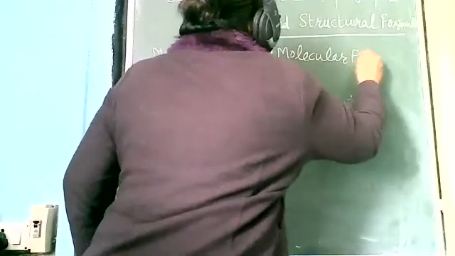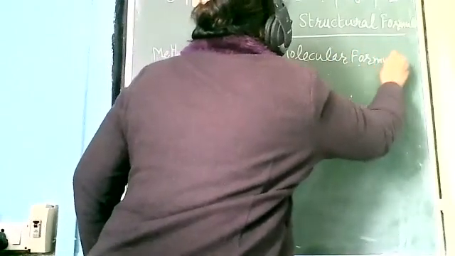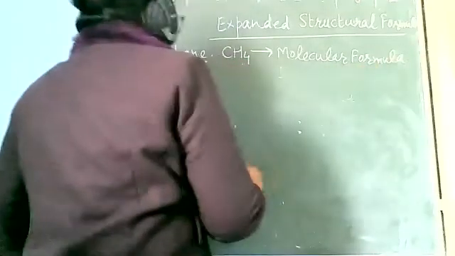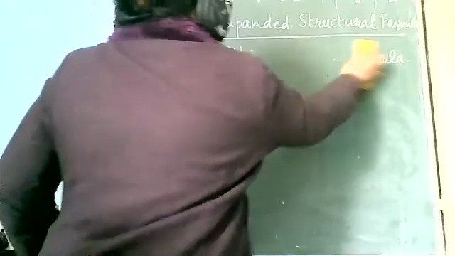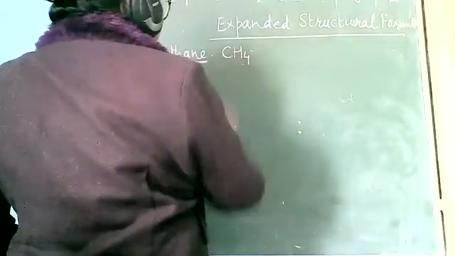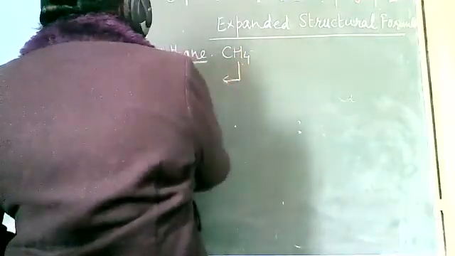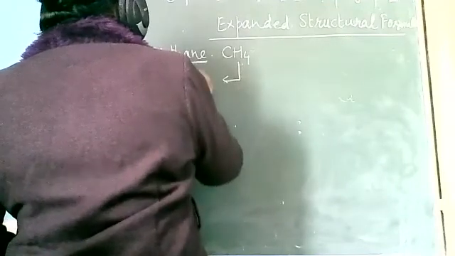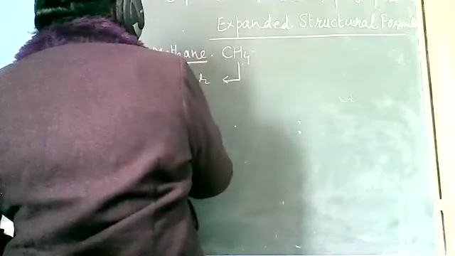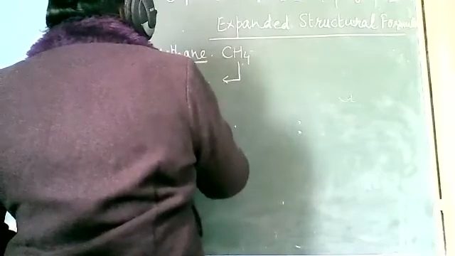This is known as molecular formula. And if I ask you to write down the expanded structural formula, ma'am, it will become tetrahedral. CH4 will form a single bond, a tetrahedral structure.